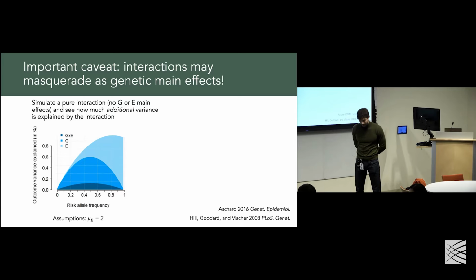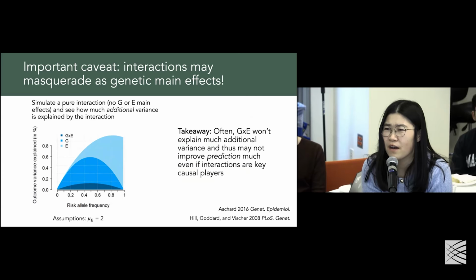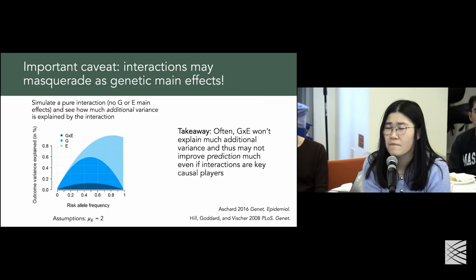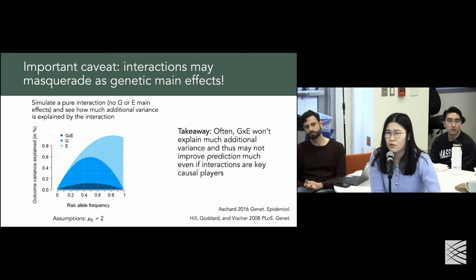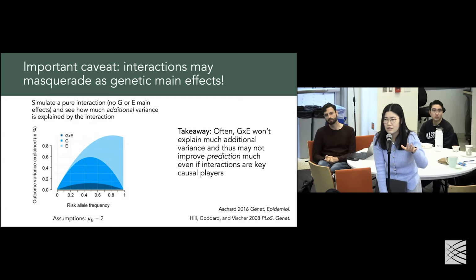About the gene by E part, I'm wondering, did you further classify the G by E effects by their categories? For example, most of the proportion of the gene by E effect may be attributed to those genotypes that reside in lower heritable genes compared to those highly heritable genes. I don't know.